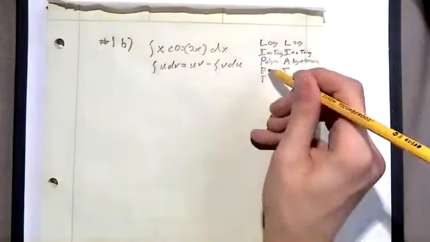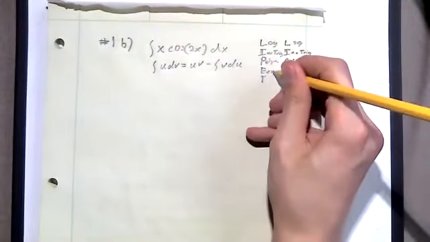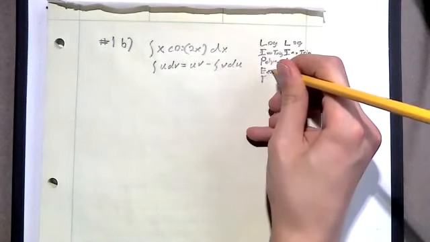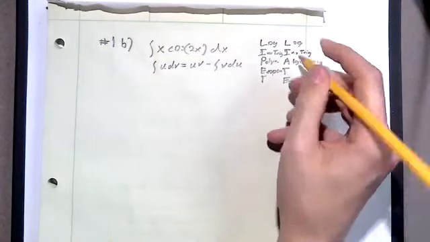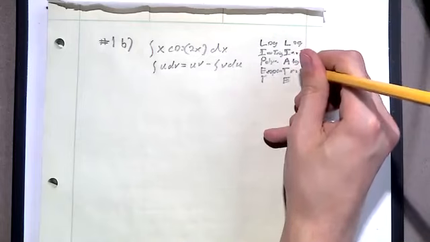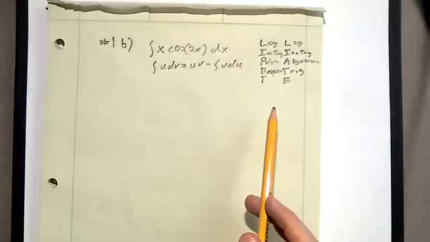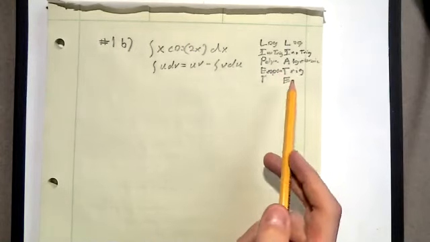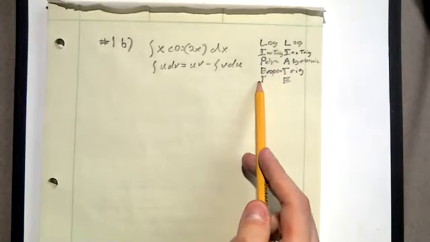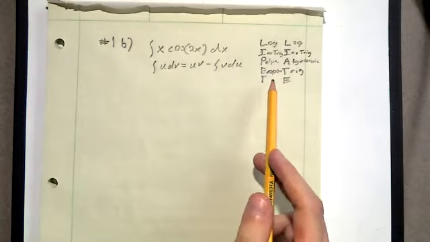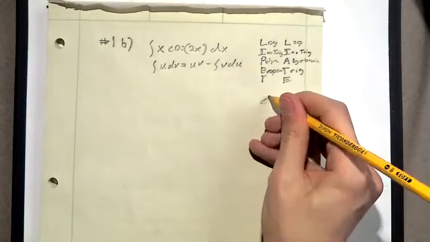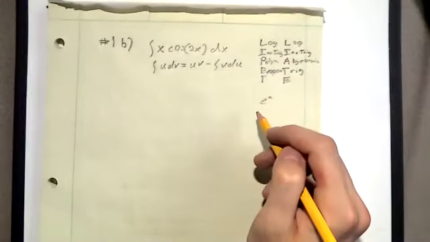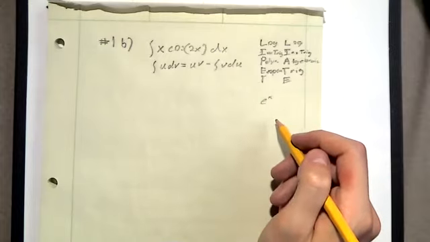So then here we have exponential and trig. The reason why these can be reversed is because exponentials and trigs tend to repeat themselves. If we have e to the x, its integral and derivative are both e to the x.